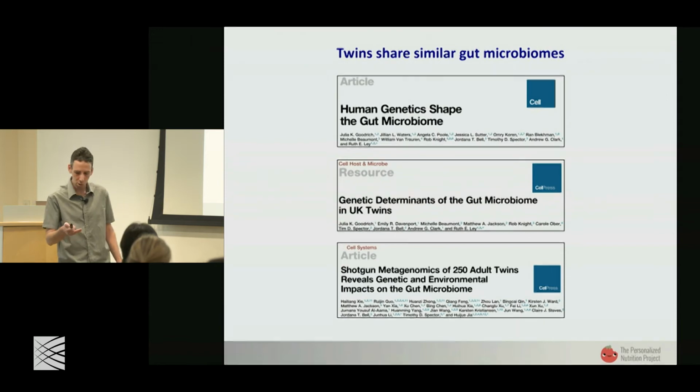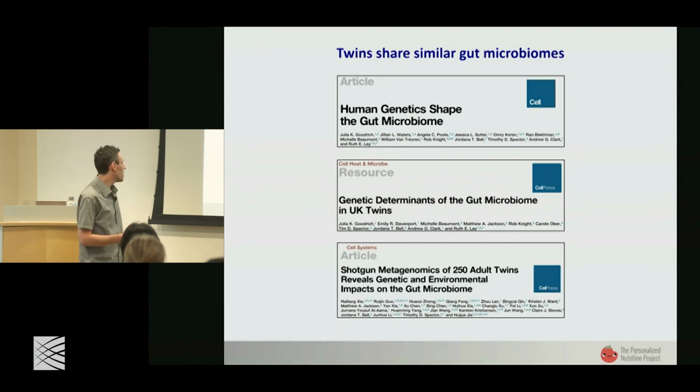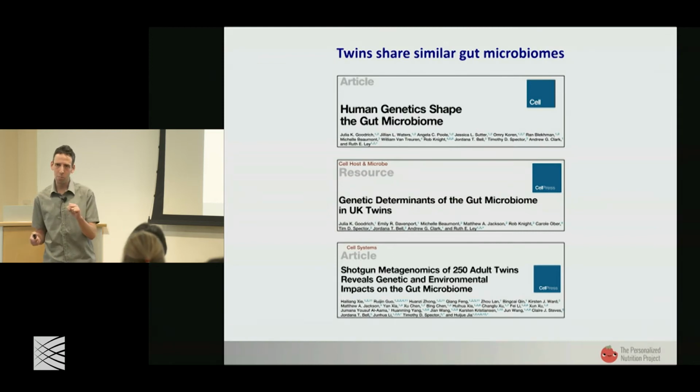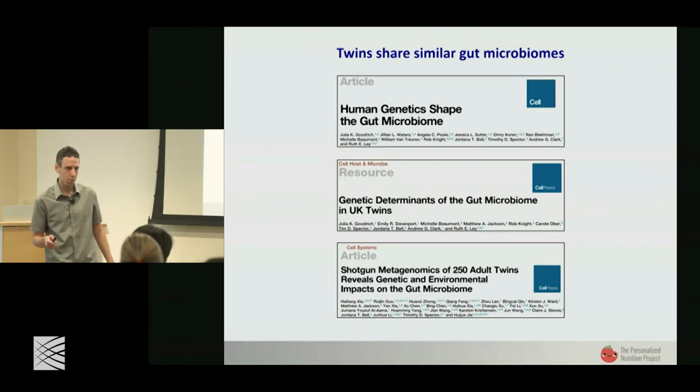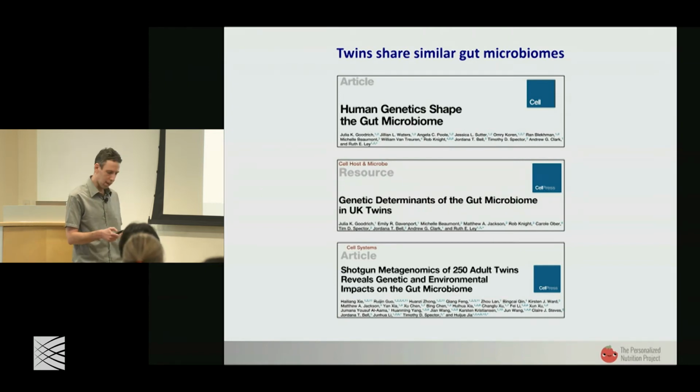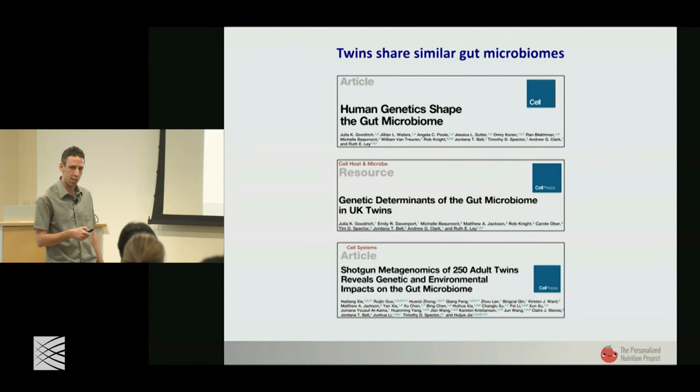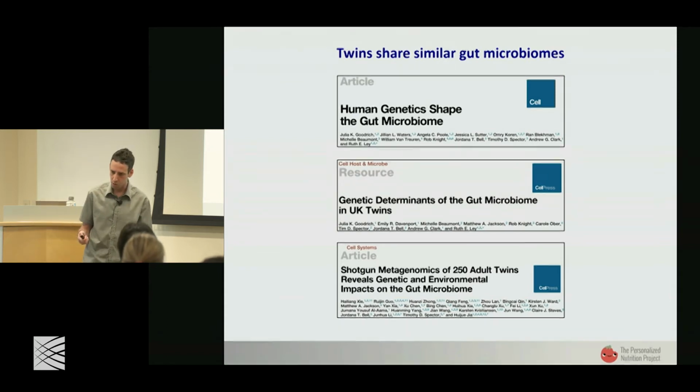So we had no reason to doubt these papers. And so we suspected that maybe even though there are some heritable gut bacteria, they form only a small minority of the overall gut microbiome. And so we asked Julie Goodrich, the first author of these two papers, to get us access to the data.